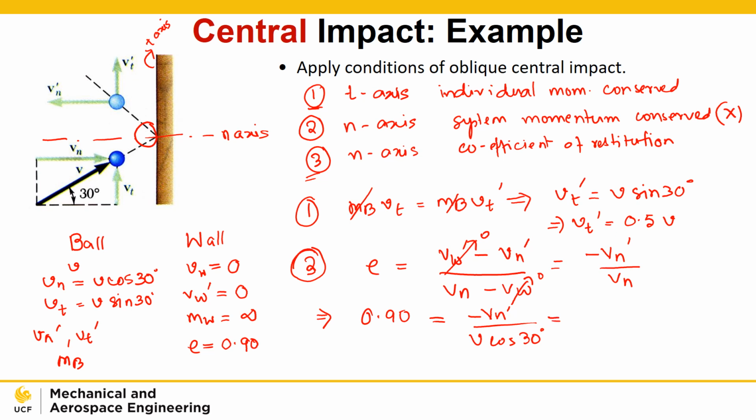This gives us Vn prime is equal to minus 0.9 times V cos 30.